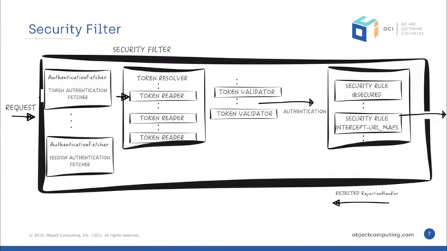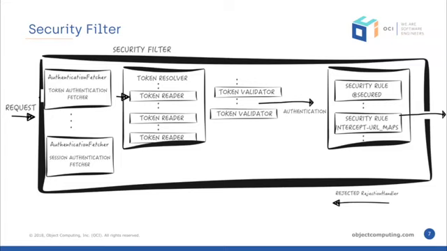Micronaut uses a filter, which I'm going to try to make sense of for you, to evaluate if a request should be allowed to proceed or not. When a request comes, Micronaut goes through the list of authentication feature beans that are registered in the application context.